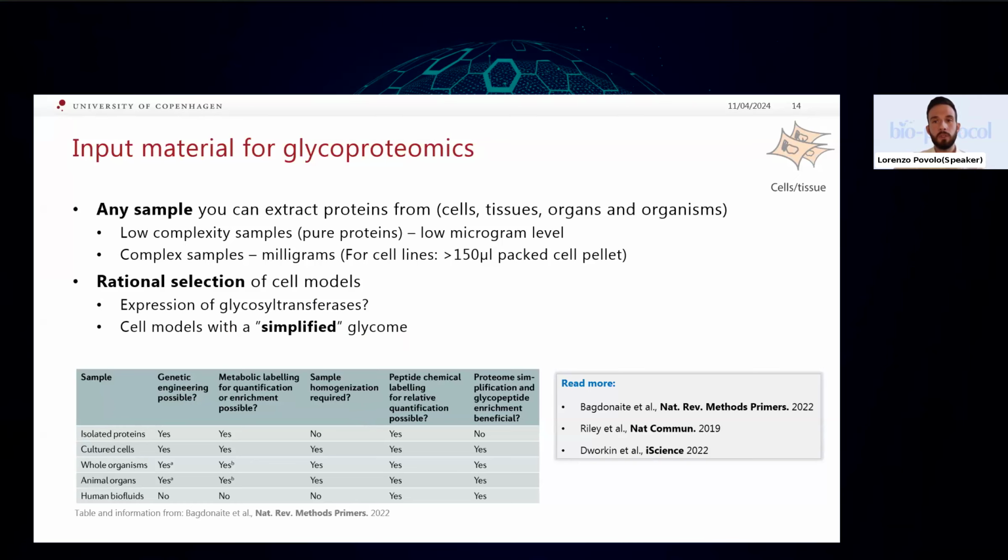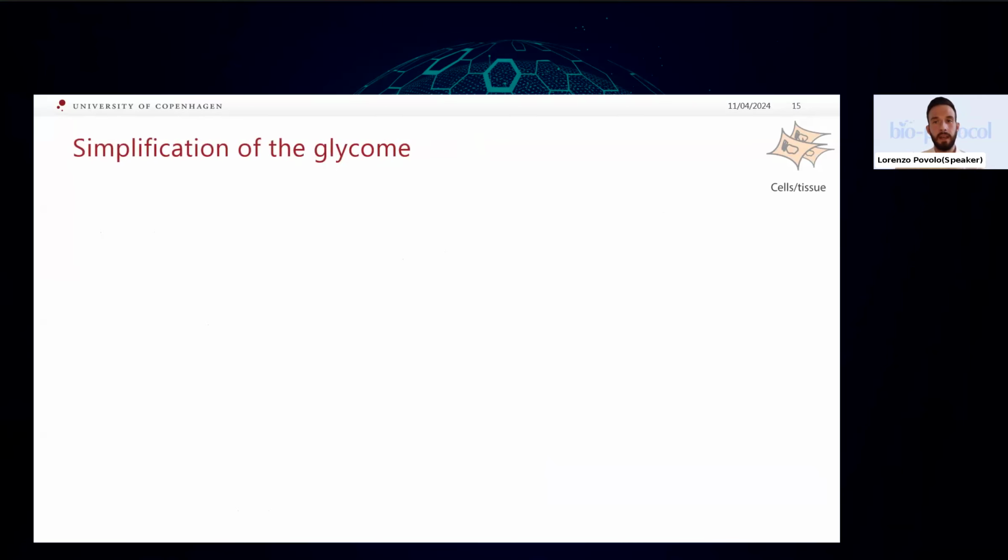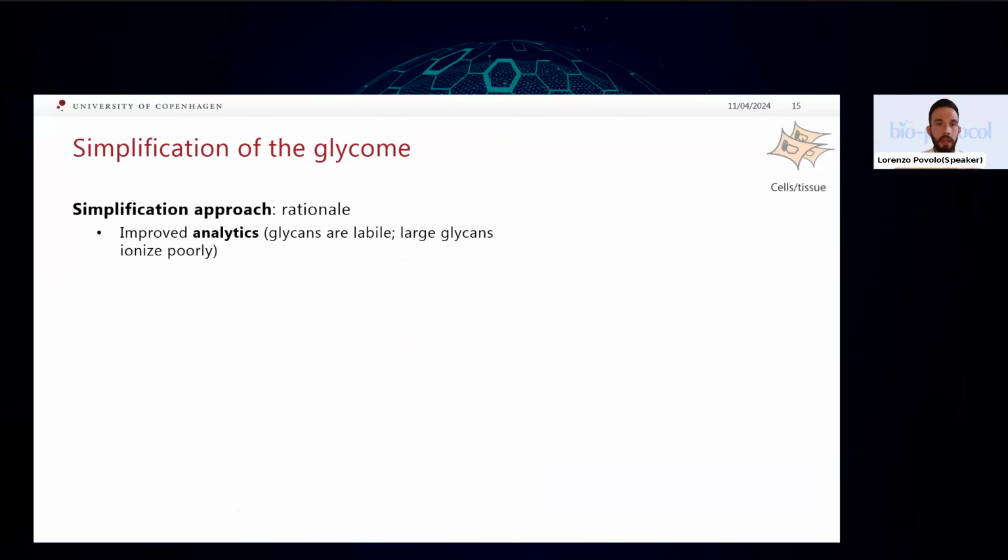So what do I mean with simplification of the glycome? The rationale of simplifying the glycome comes from a need to improve the analytics. Indeed, if you remember, glycans are labile, and especially large glycans ionize really poorly in mass spectrometry.